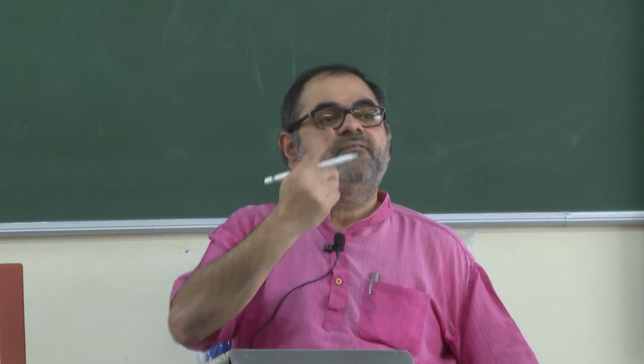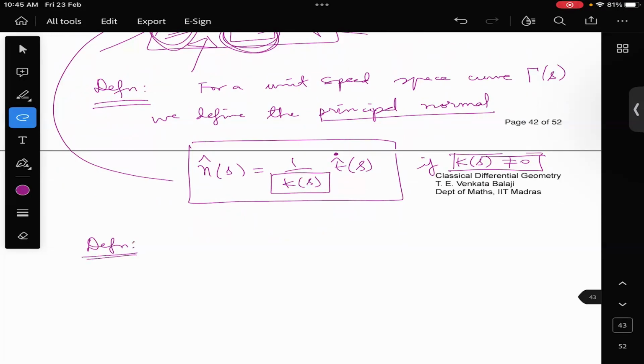Now you can get the third vector, which is called the binormal, which is going to give a right-handed triad. So here is another definition. We define the binormal b cap of s to be a unit vector which is perpendicular to both t cap and n cap, so that t cap, n cap and this binormal form a right-handed triad, that is therefore given by the cross product.